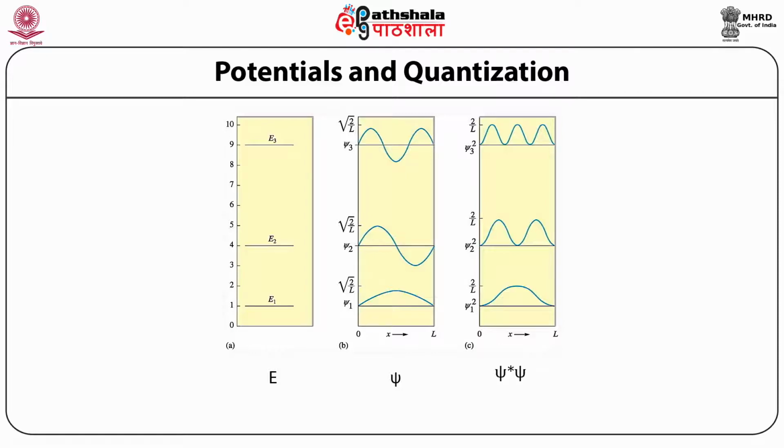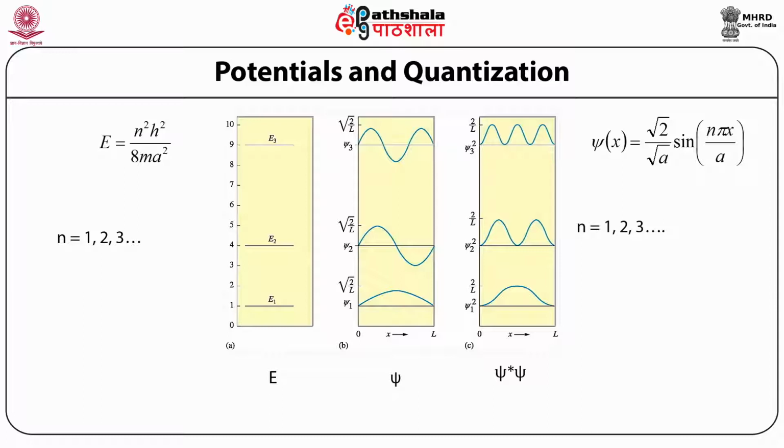As we know that the energy is quantized, figure A shows the different particle energies for different values of n, that is E equal to n squared h squared by 8ma squared, where n varies from 1, 2, 3 and so on, and the wave function is given by psi(x) equal to root of 2 by a multiplied by sin(n pi x by a), where n is equal to 1, 2, 3 and so on.